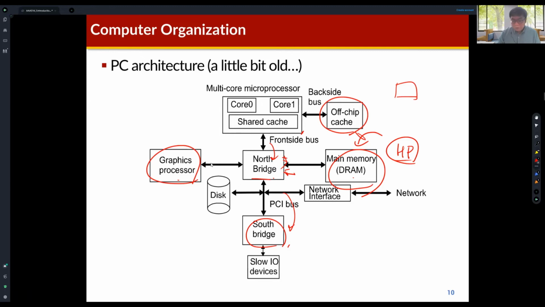How about the other I/O devices, very slow ones such as keyboards, mice, or network interfaces? These devices are very slow, so we have another hierarchy, like the South Bridge, and these slow devices are connected via the South Bridge chip. This is the organization of traditional computer systems, very old computer systems actually.